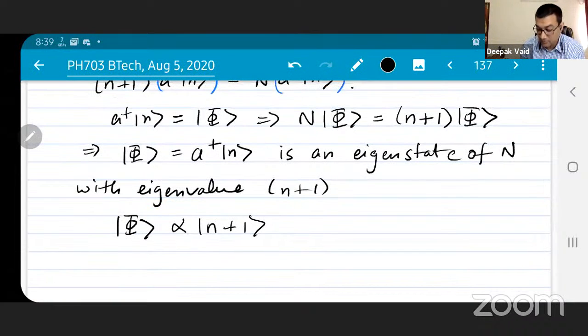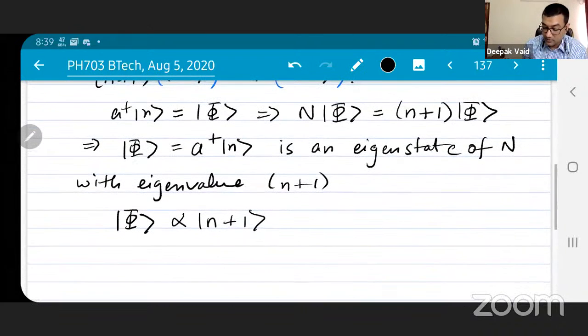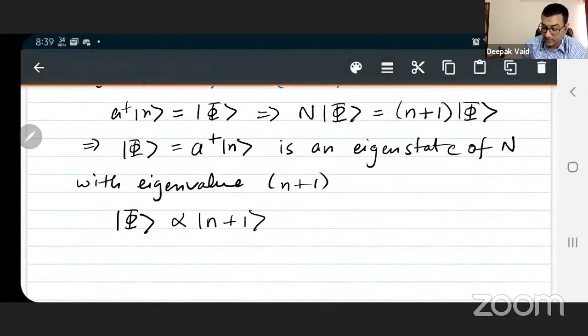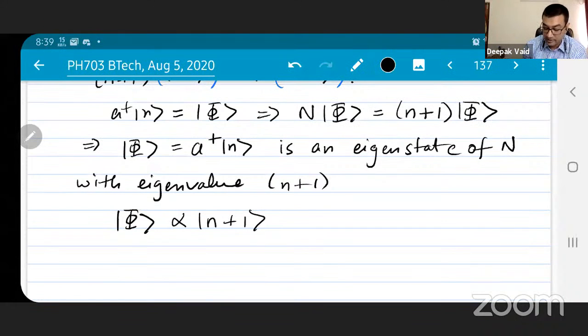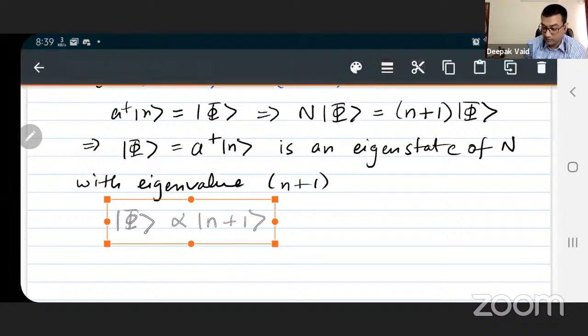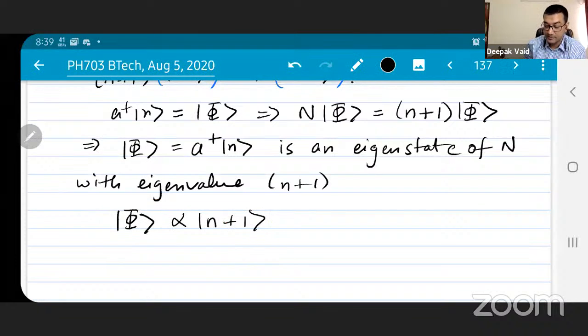It can be proportional to the state. So we have not yet normalized these states, because you can always take this and multiply it by some factor on both sides, and you will still get the same equation. So this is just a proportionality relationship at present.